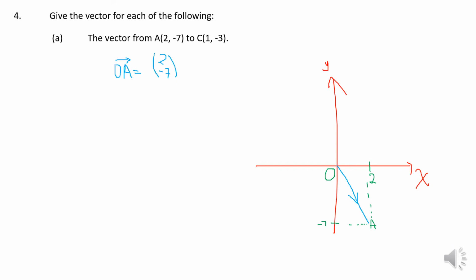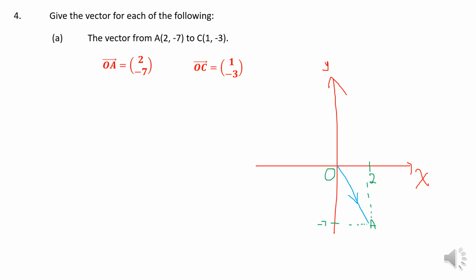All right, so let me bring the first question up in terms of what we have here. They are saying we are supposed to give the vector for each of the following. So again, here you have OC equal to 1, negative 3.